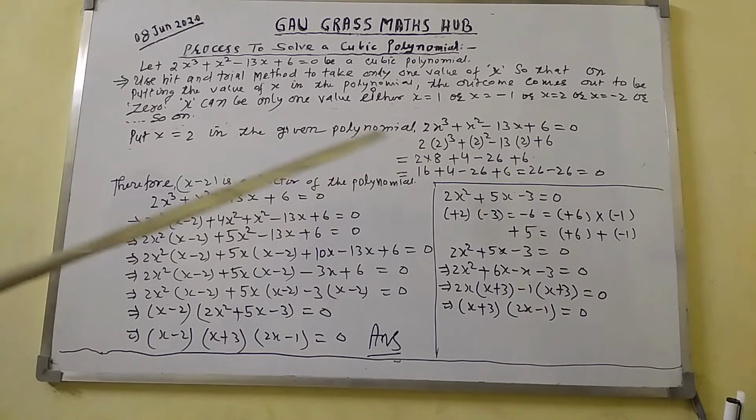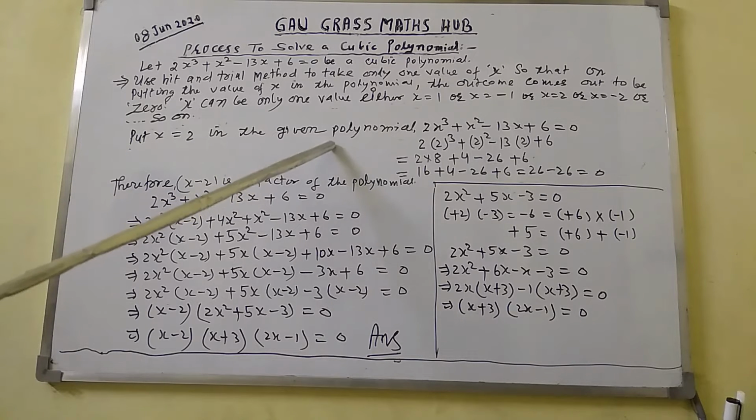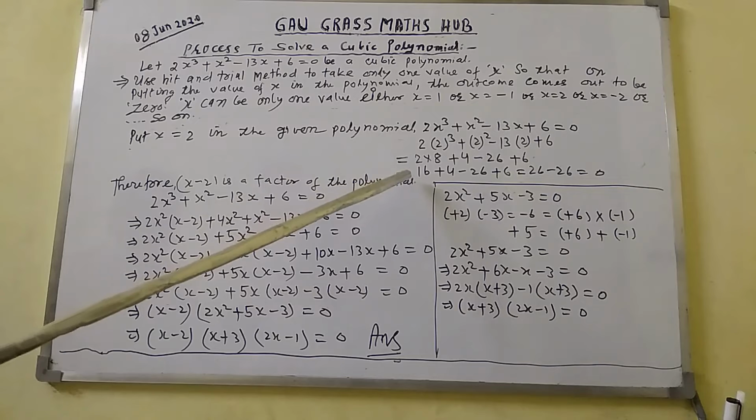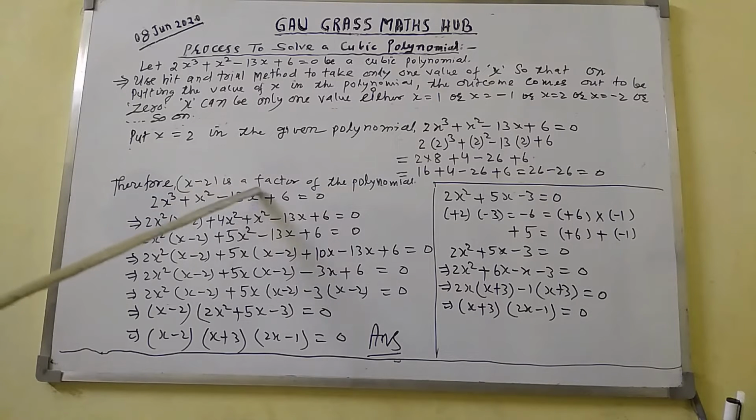This means that if I put x equal to 2 in the given polynomial, the outcome is 0. That's why x minus 2 is a factor of the given polynomial.